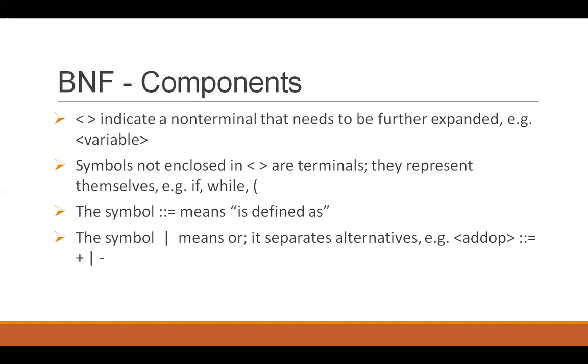So whenever we want to say an or condition, we are going to apply the pipe symbol. So the angle brackets are non-terminals. The symbols that are going to be written without angle brackets are terminals. Then you have "is defined as," and then you have your pipe symbol to show the alternative in the definition.